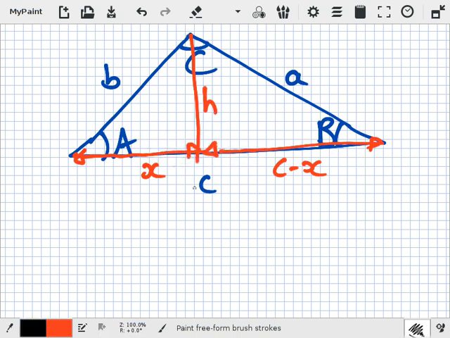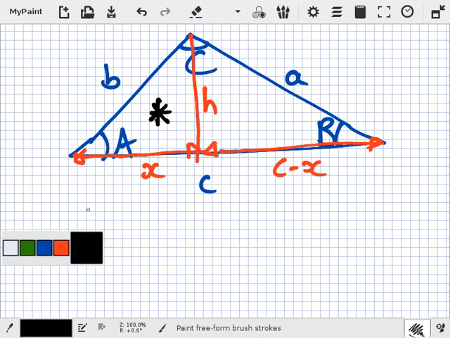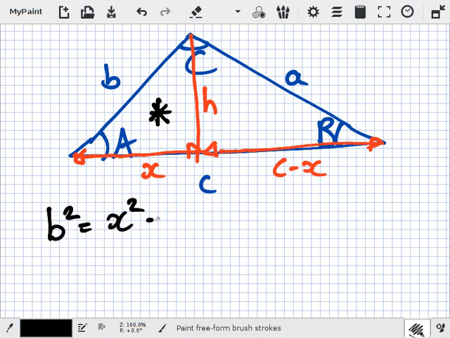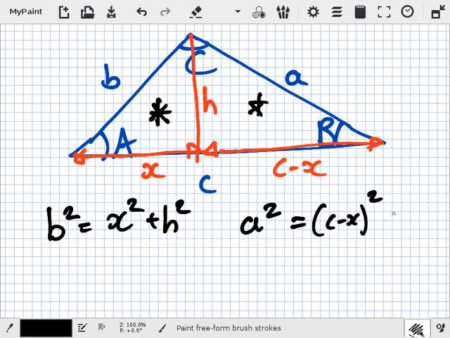If we look at the triangle here, Pythagoras said that b squared will equal x squared plus h squared. And if we look at the triangle here, Pythagoras said a squared equals (c minus x) squared plus h squared.